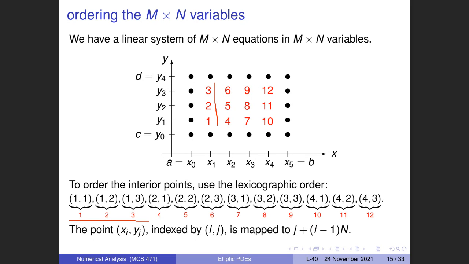Here are the first 3 points, all with the same first smallest number. And if a tuple has the same first index, then we look at the second index to sort. That's the same as you do in a dictionary. If you have two words that start with A, then you look at the second letter to sort them. That's how we do it.